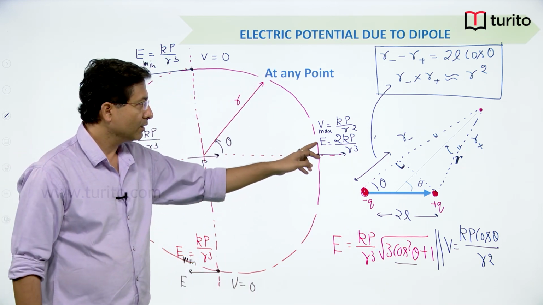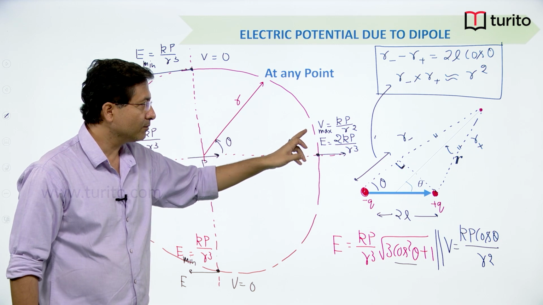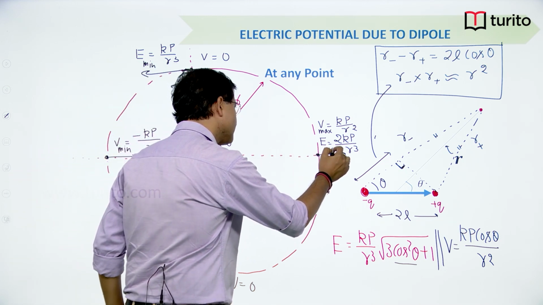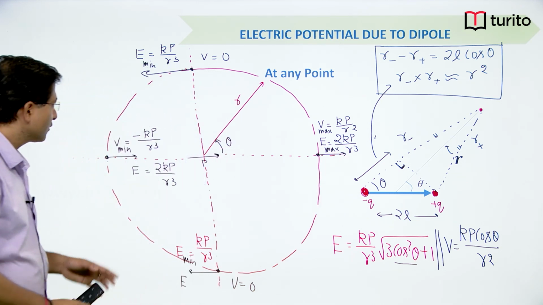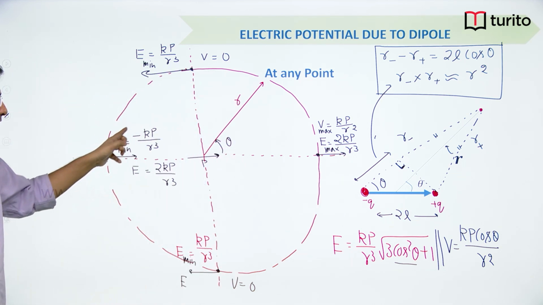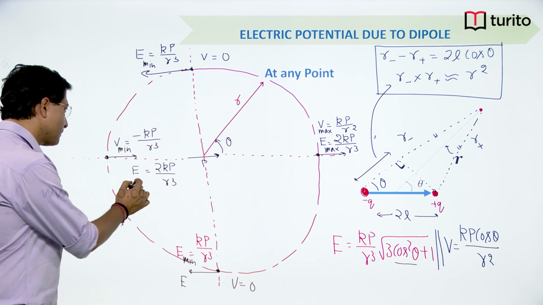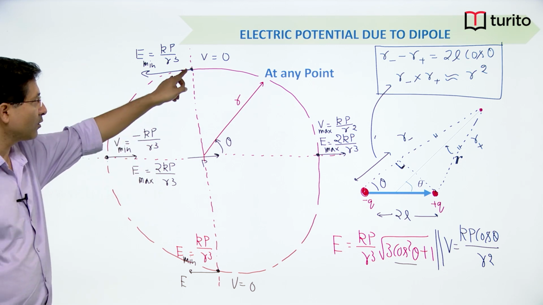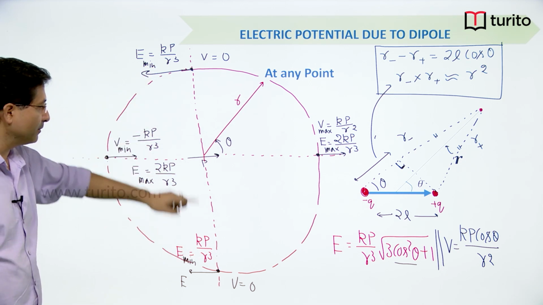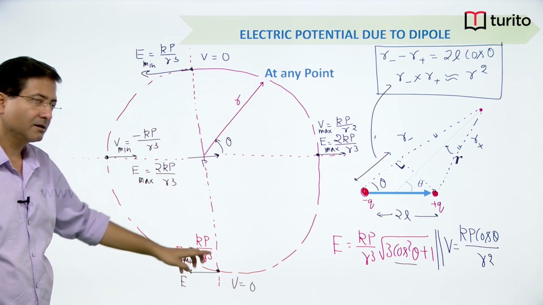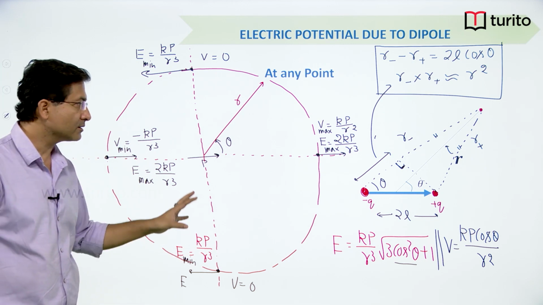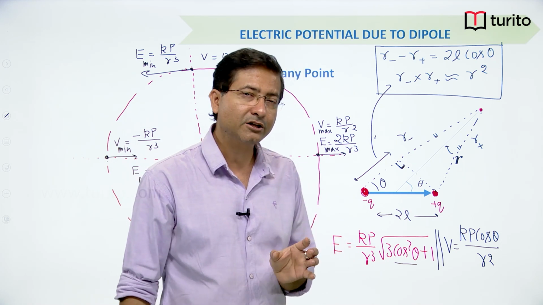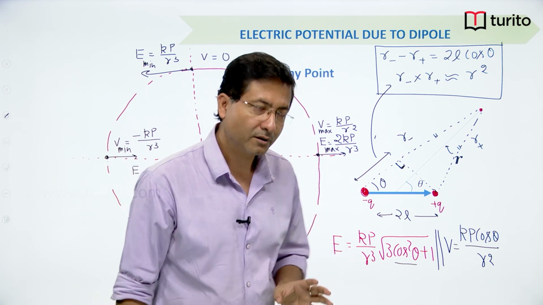So at this point field is maximum, potential is maximum, while for this particular point potential is minimum but field is maximum. At this point and this point field is minimum but potential is 0. So this is a complete analysis of field and potential due to a dipole, right.